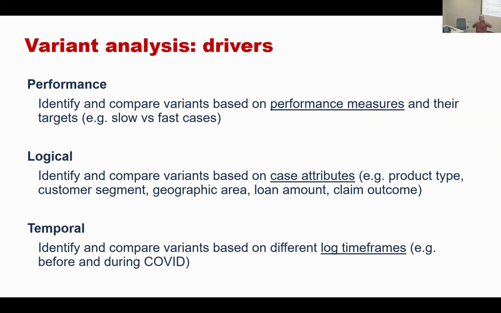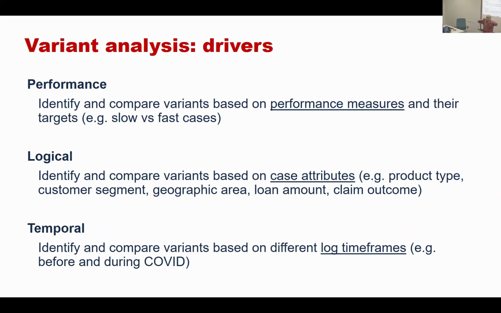For example, you look at the attributes in your event log. Look at, do you have a type of customer attribute or something about the geography of the customer? Or look at, is there an attribute that indicates different product types or different product amounts or different outcomes, like the claim was accepted versus was rejected?